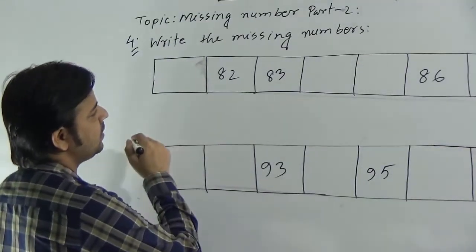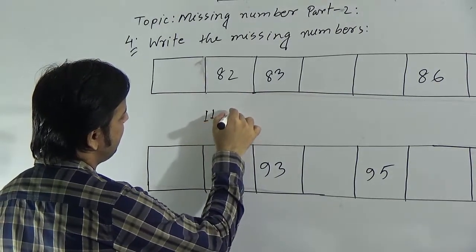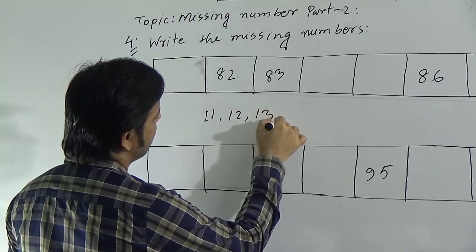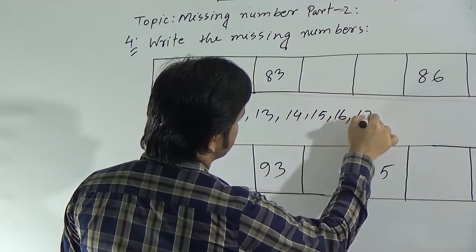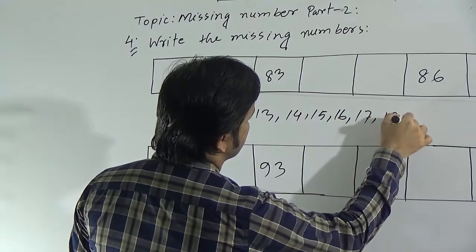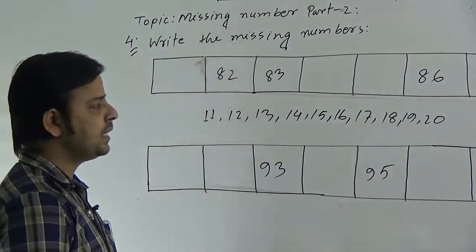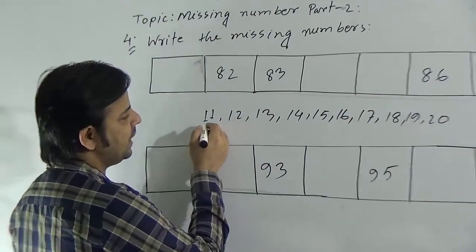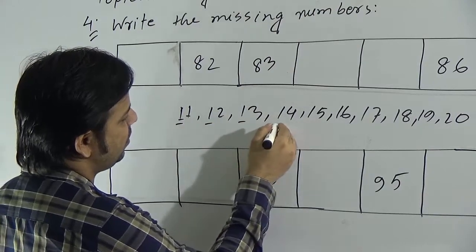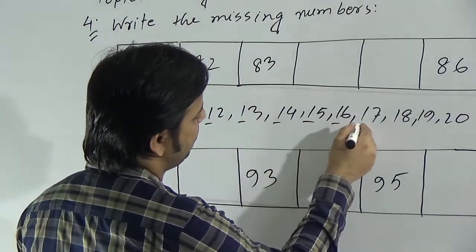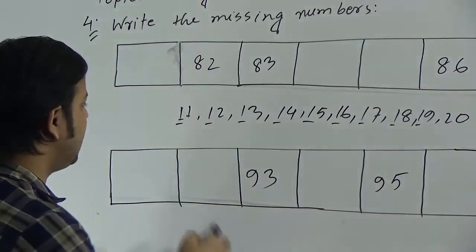Students, you know the numbers 11, 12, 13, 14, 15, 16, 17, 18, 19, 20. Ten numbers I have written here. Observe that the tens position is 1 here, also 1 here, and 1 in all of them up to 19.